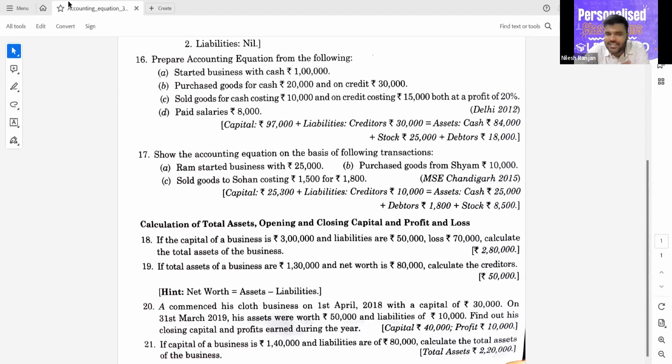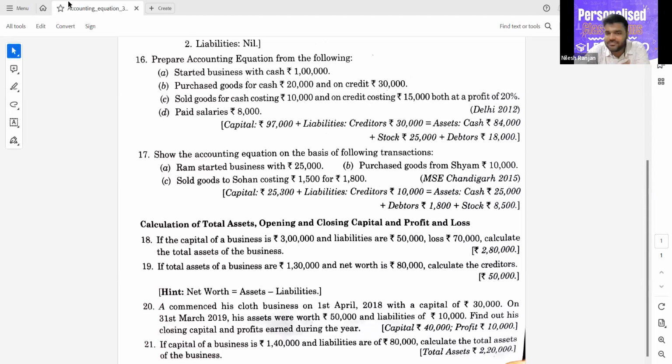Assets equal liabilities, yes? You have added 30,000 and 10,000? So this should be your assets because you have used a formula for assets calculation.